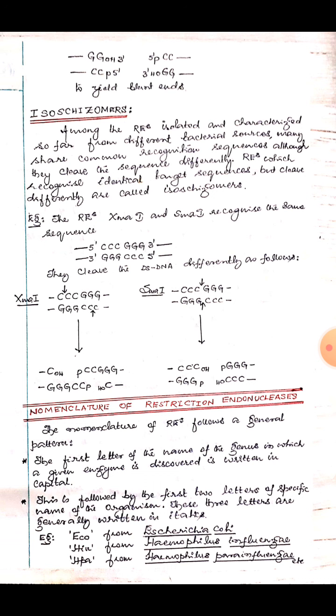Now, it is time for me to tell you one more concept, isoschizomers. You must have heard of isomers, not isomers, isoschizomers. Let me tell you what exactly I mean. There are a few restriction endonucleases which have been isolated and characterized from different bacterial strains, but they share common recognition sequences.